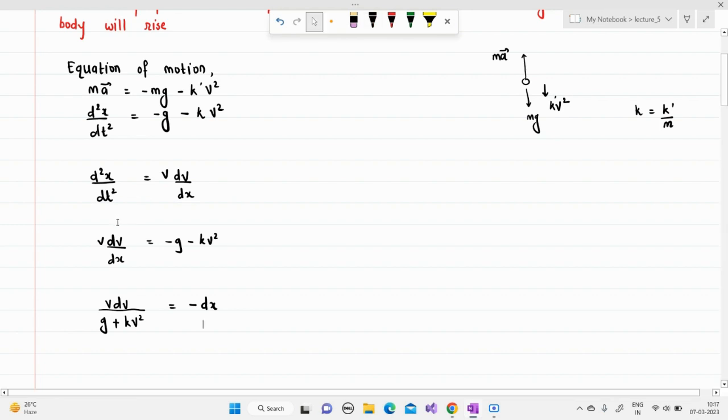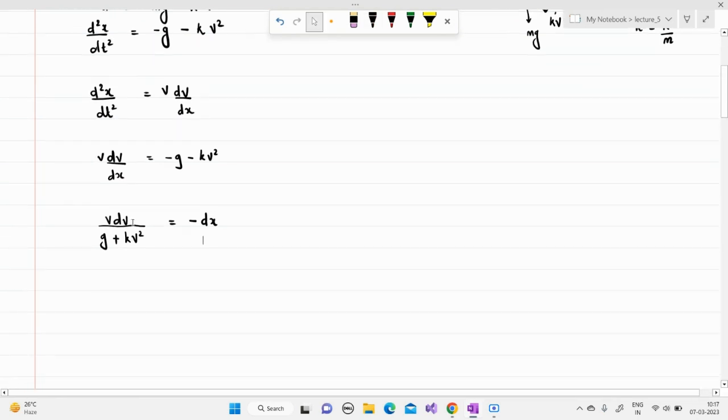All right, so now if I can make the derivative in the numerator of this term, then I can take the integration as log of the denominator term. So let me take the k out.